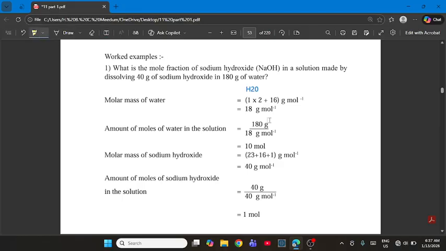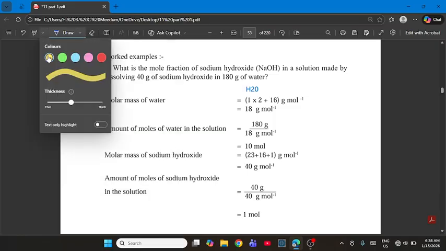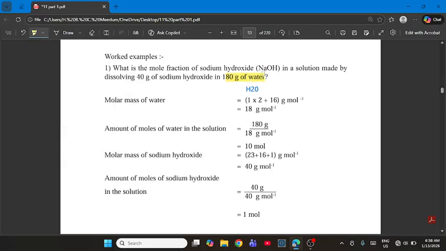So they have mentioned how many sodium hydroxide moles are used there. 180 gram of water.